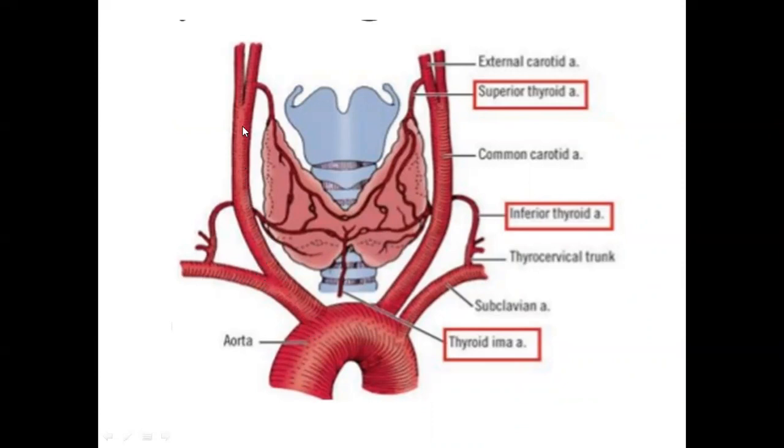Again, the common carotid, external carotid branch, from there the superior thyroid artery. And from the subclavian, we have the thyrocervical trunk and the branch going as the inferior thyroid artery. And this small branch over here can be considered as a thyroidea ima artery. It's a direct branch of the aorta or sometimes from the right brachiocephalic trunk.